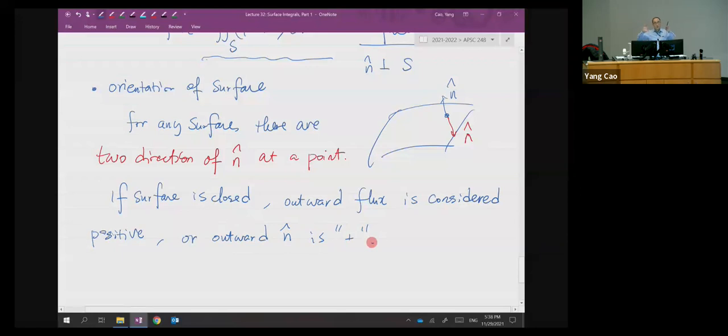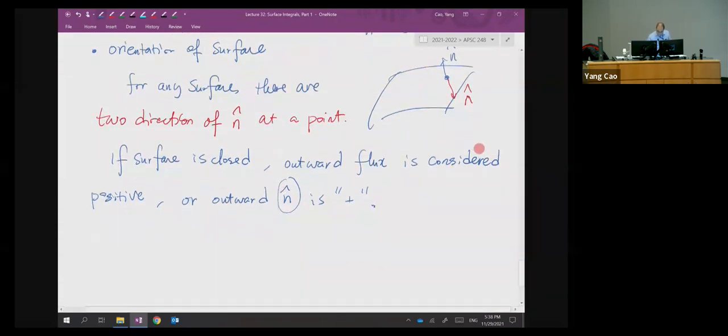So if you watch the question, and the question says calculate the outward flux out of a certain surface S, then you need to pick the outward n hat for that surface S. Because there are always two directions, a positive and a negative, that's something you have to keep in mind when you read a question.